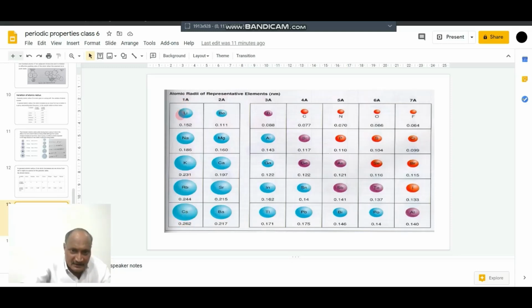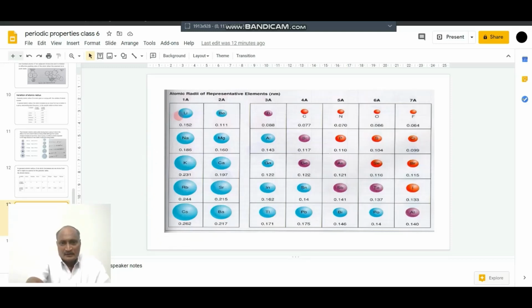As the extra shell of electrons is being added, even though the nuclear charge increases, its effect is very small compared with the larger size due to the electrons added in the various shells. Hence, the size of the elements increases. Similarly, the atomic radius also goes on increasing.